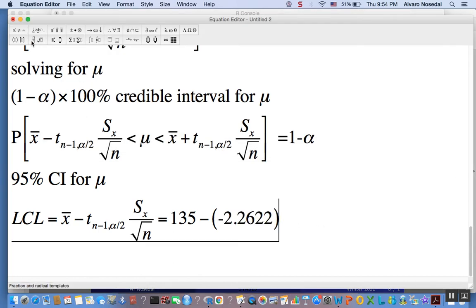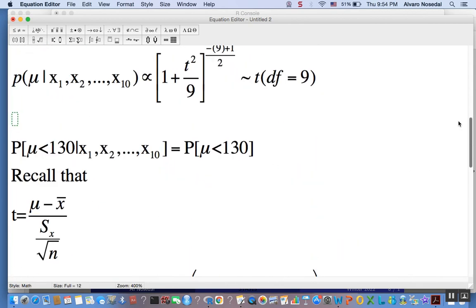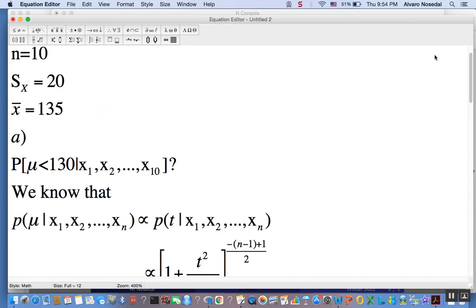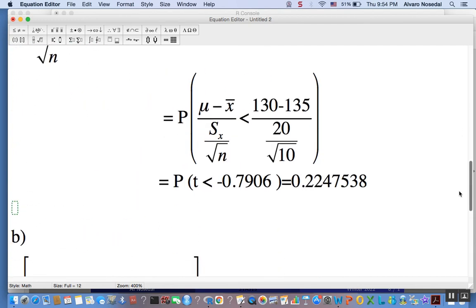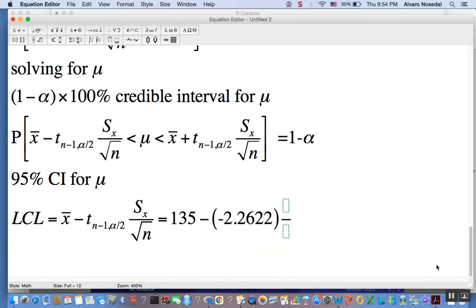Times, and now what we need is the sample standard deviation, 20, divided by the square root of n. So this is what we have: 20 divided by the square root of 10.